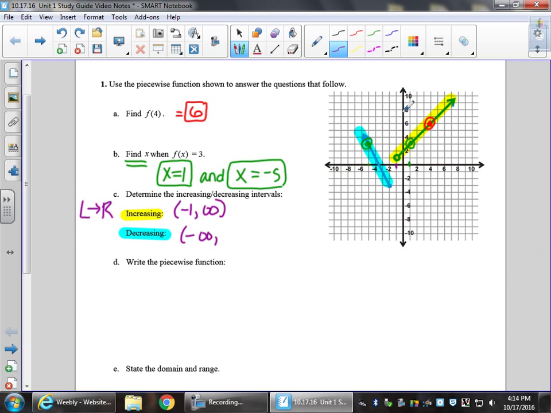The y values are increasing, but we don't care about the y values when we're talking about increasing and decreasing intervals. We're looking at x values. So yes, y values are getting bigger, but as this line continues to the left, my x values are going towards -infinity. That's where this -infinity comes from. So -infinity, when I come in from this direction and I look for the point coming in from this side, I am at -2.